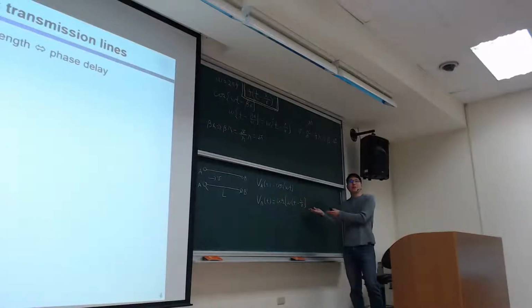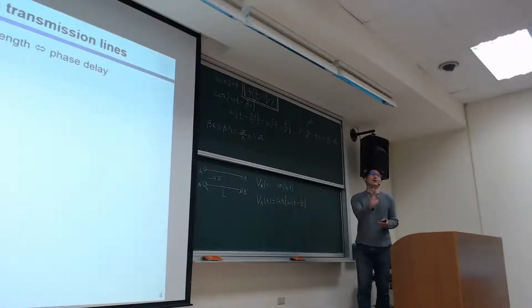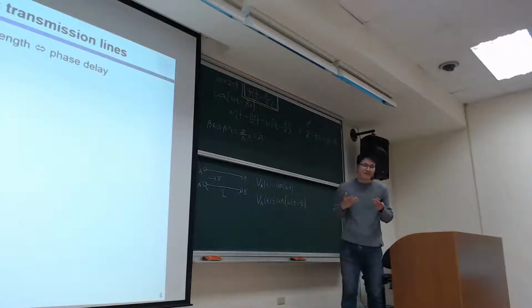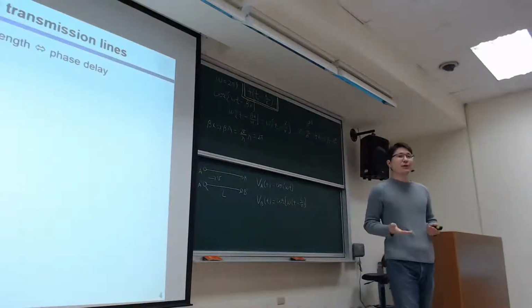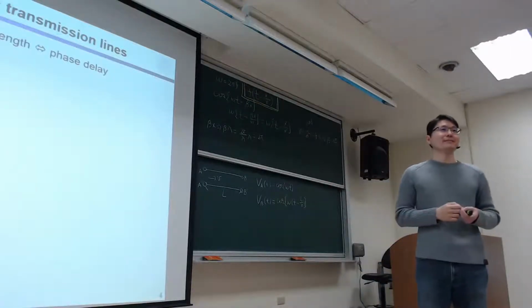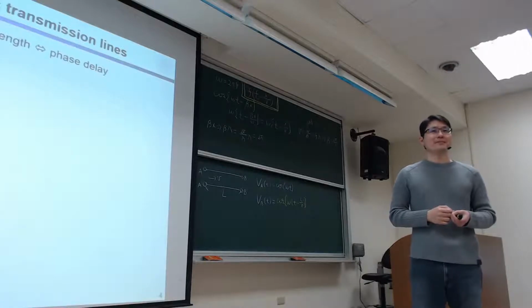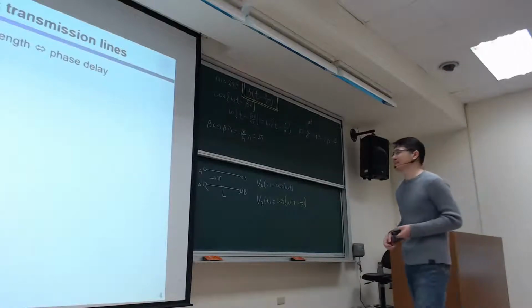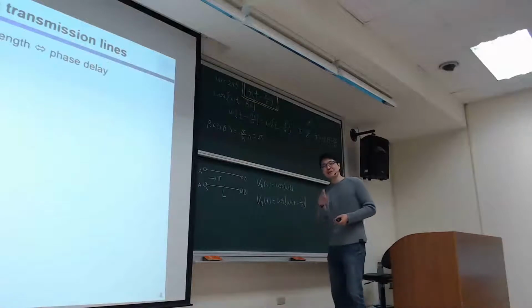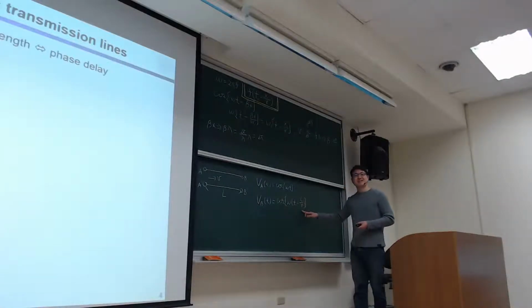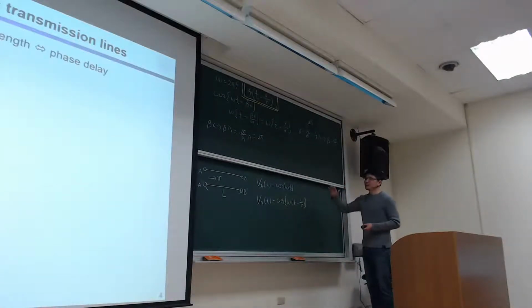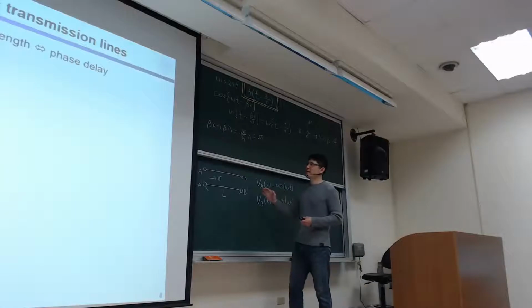A very simple mathematical formulation, but do you agree with me? Or if I didn't write it, were you able to write it down? Probably not. When I was at your age, I was not able to write down this simple equation. But try to remember, what am I trying to imply? I have a wave delivered by a transmission line.